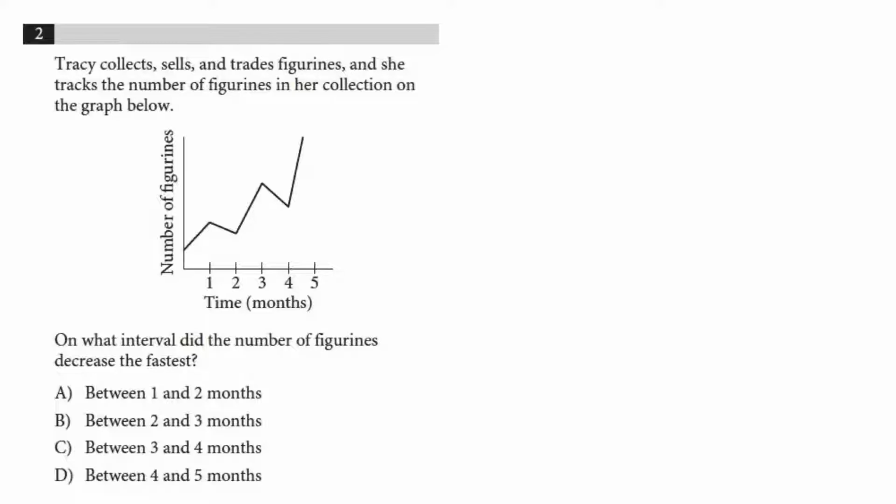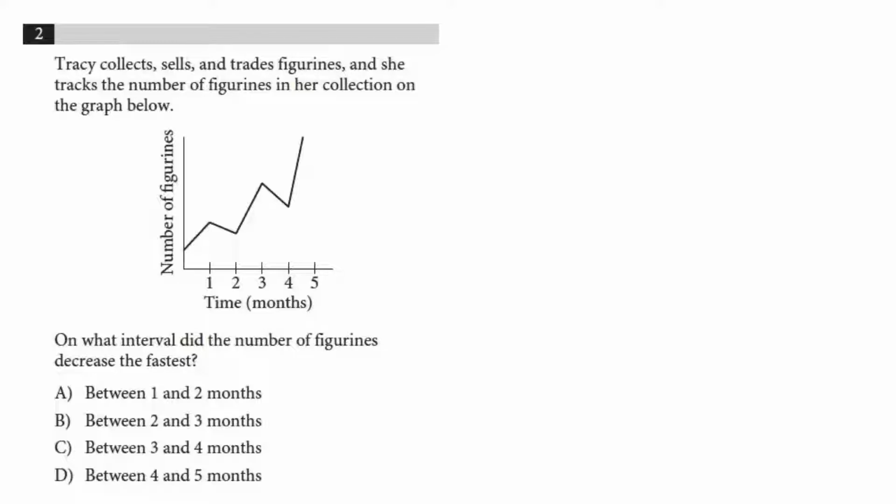Number 2, Tracy collects, sells, and trades figurines, and she tracks the number of figurines in her collection on the graph below. On what interval did the number of figurines decrease the fastest?